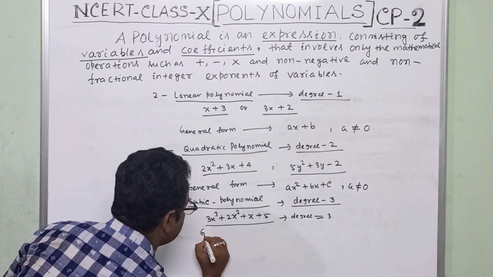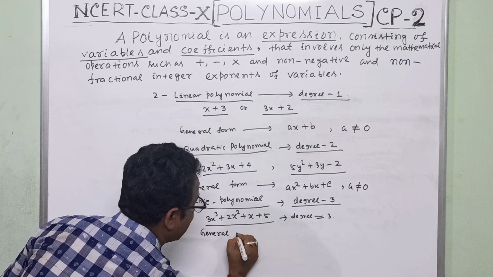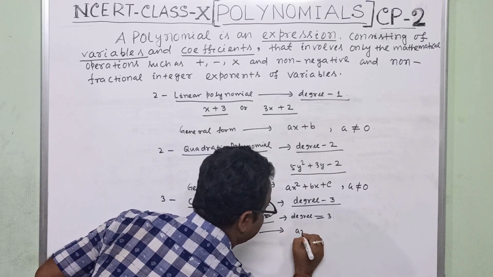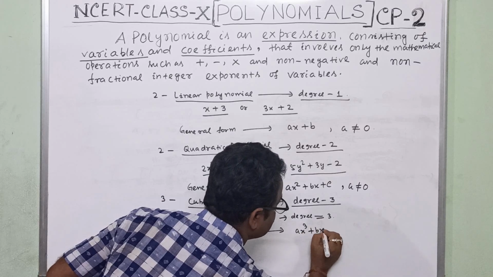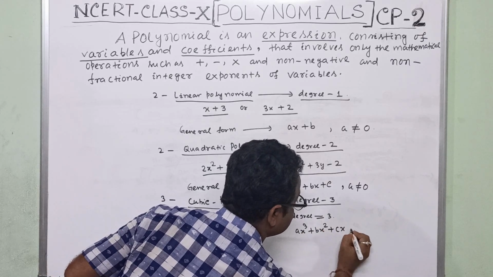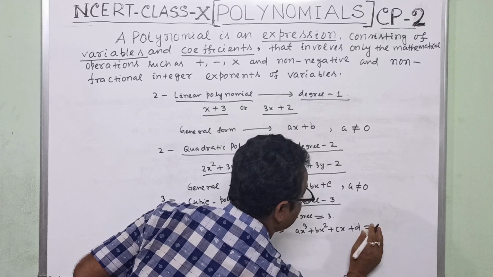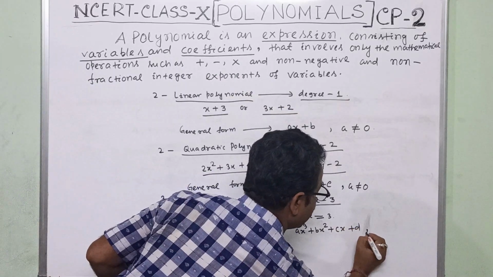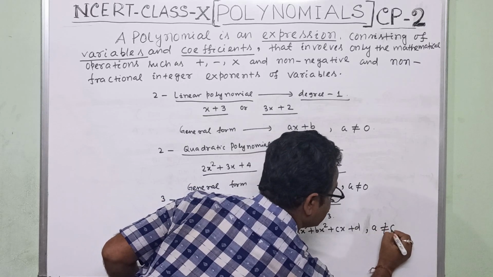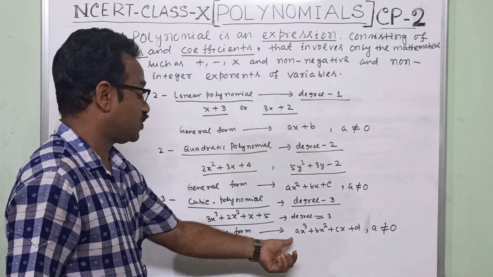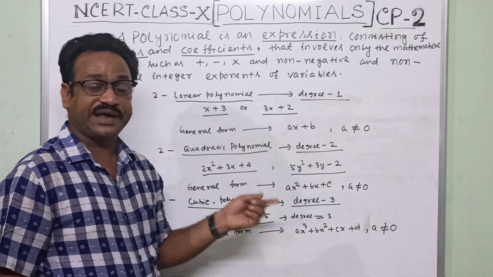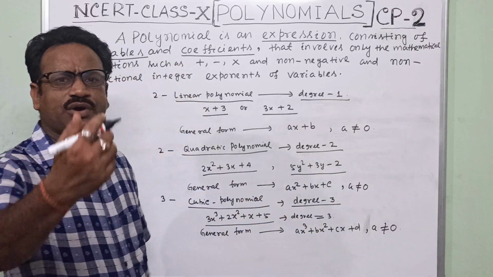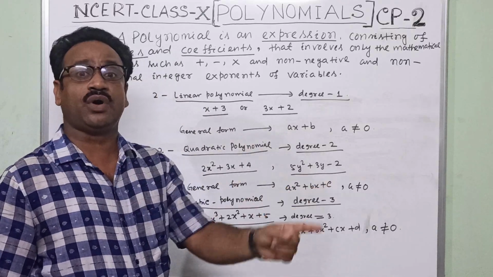What is the general form? General form is ax cube plus bx square plus cx plus d, where a is not equal to 0. A cannot be 0. I have told you a cannot be 0. Here b, c and d may be 0, but a will never be 0.